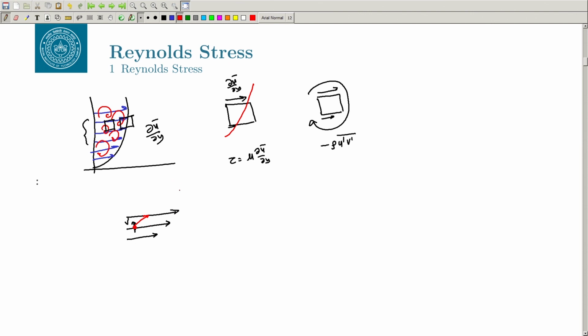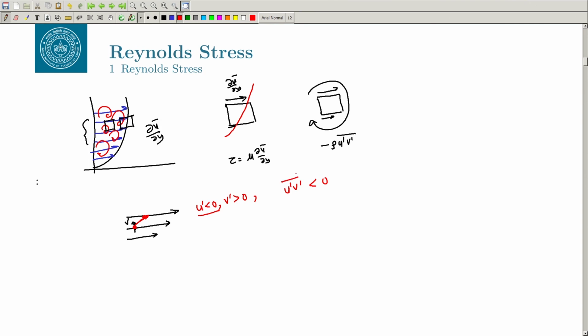What will happen is that my u prime will be less than 0 in this case, because it is jumping from the slower layer to the faster layer, and your v prime is greater than 0, as it jumped from this point to another point here. So, you have u prime v prime less than 0, and if you take a statistical measure not only for one molecule but for several molecules, it will become u prime v prime bar.